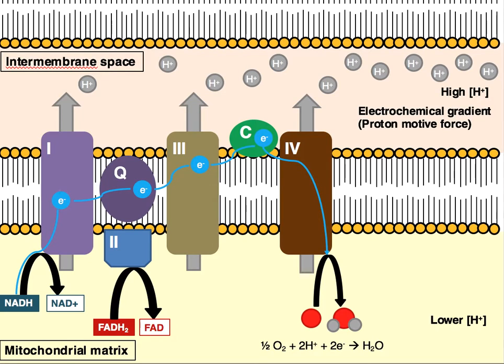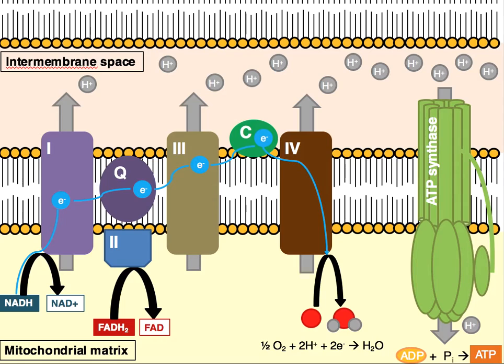The electrochemical gradient drives ATP synthesis through an enzyme and molecular motor, aptly named ATP synthase. Diffusion of protons down their electrochemical gradient through ATP synthase powers its synthesis of ATP.